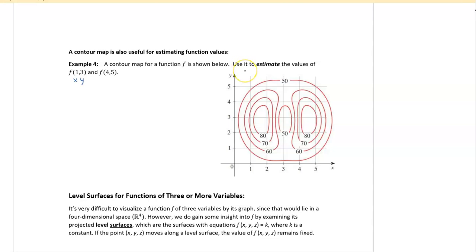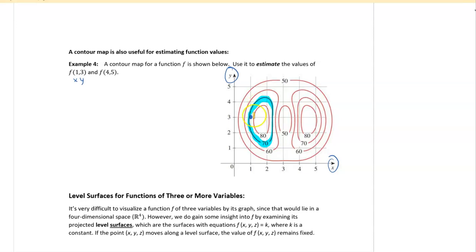If we look at our contour map, which has the x-axis and y-axis right here, and find the point 1, 3, it looks like we're pretty close to this contour line right there. Based upon the label, it looks like we are near 70.